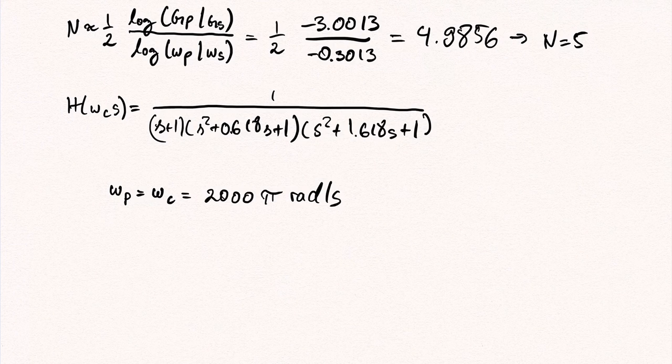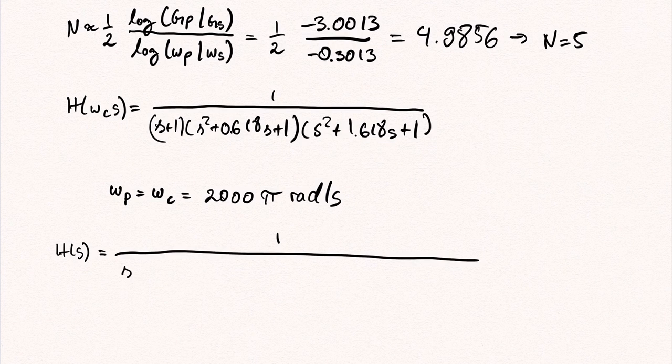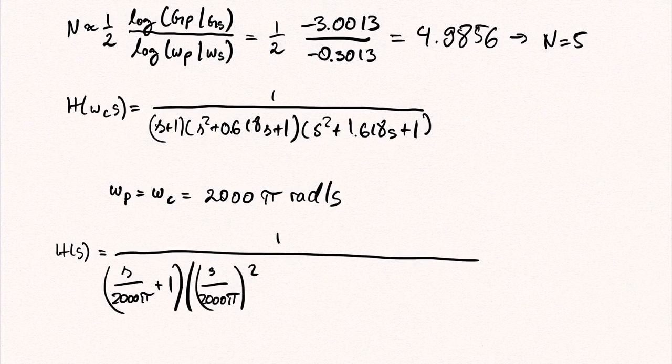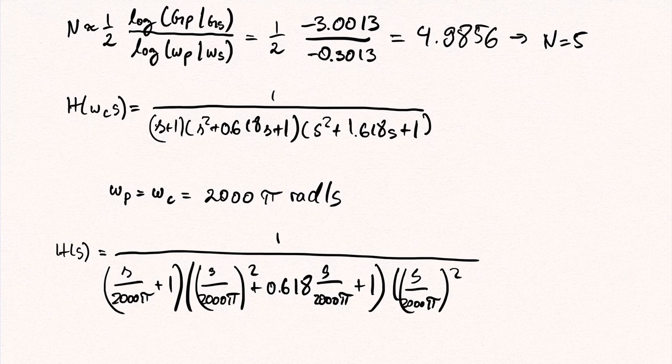So the transfer function of the filter in real s is given by H of s equal to 1 over (s divided by 2000 pi plus 1) times ((s divided by 2000 pi) squared plus 0.618 s divided by 2000 pi plus 1) times ((s divided by 2000 pi) squared plus 1.618 s divided by 2000 pi plus 1).